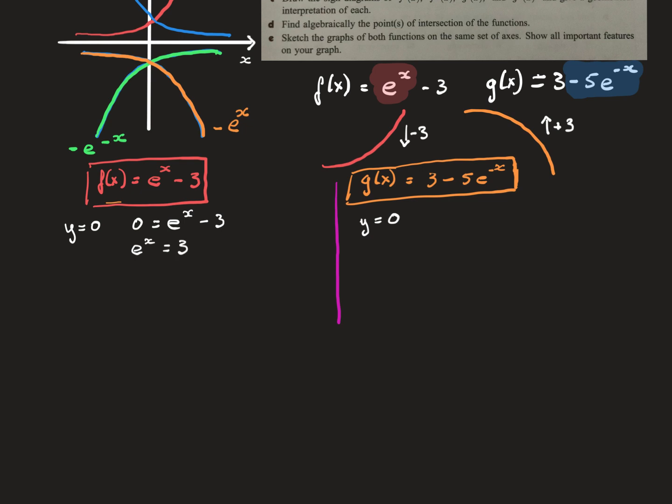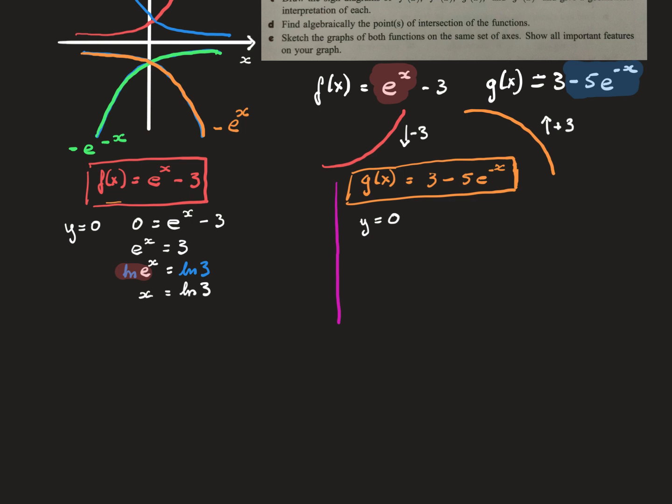To find the value of x, I will take ln of both sides. So it'll be ln of e^x, and that's also ln 3. Remember that ln e^x is just x, so x is equal to ln 3.